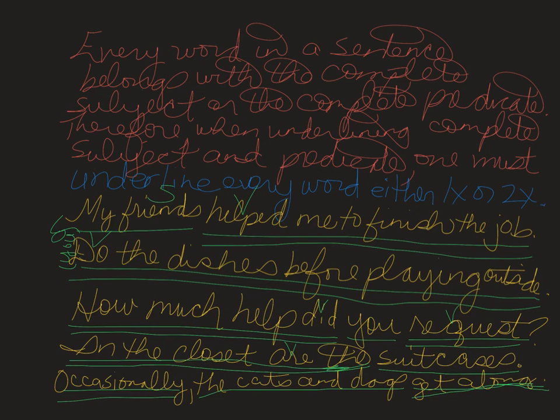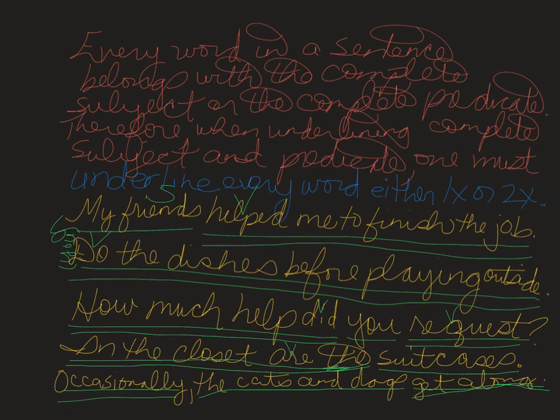The only other one here that you could say is similar in that effect is the one that's 2 up, the question one, interrogative one. How much help did you request? And often the interrogative ones, you will have a 1 or 2 or 3 maybe word simple, or complete subject. Often it's just 1 or 2 words sandwiched in between the two parts of your complete predicate.